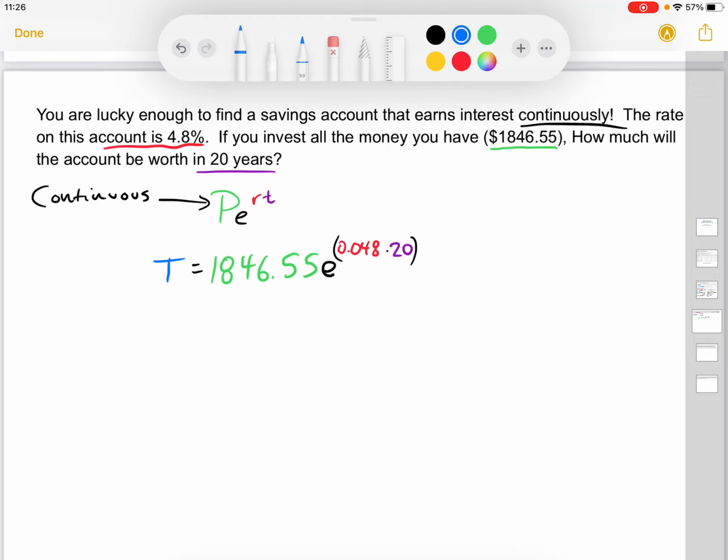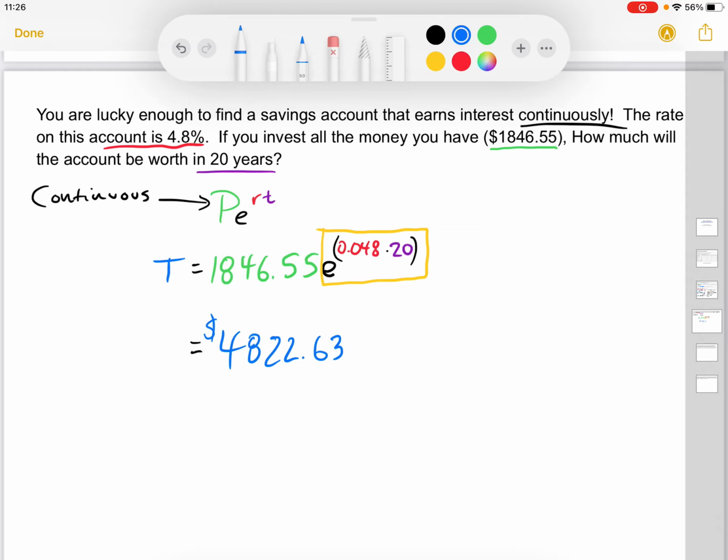The other way that you can do this is to put this into your calculator first and then multiply that by 1,846. Either way, you should end up with a final value of $4,822.63. So that's with continuous compounding, we end up with this amount of money in our account.